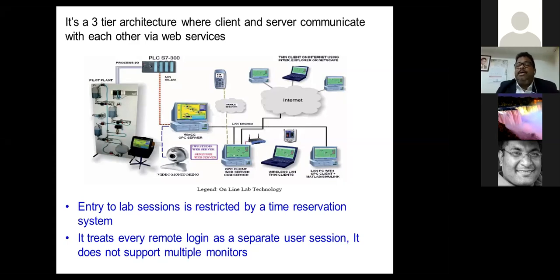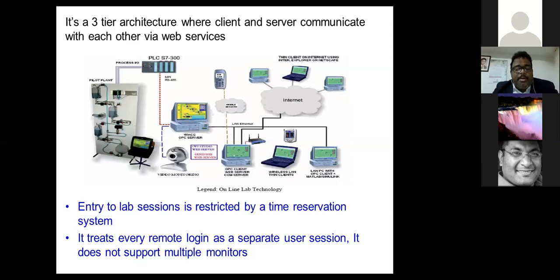In Japan, I have seen that robots are there, so you can do the exact experiment as if you are doing the hardware experiment in the lab. The client, through the server and the time management system, needs to take an appointment online. For 2 hours you can do the experiment, then the next one will come.